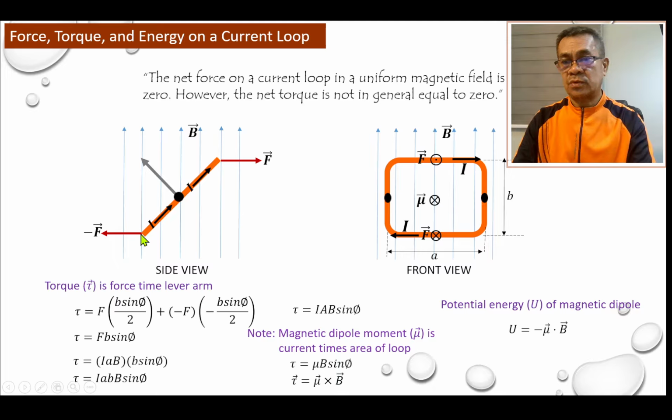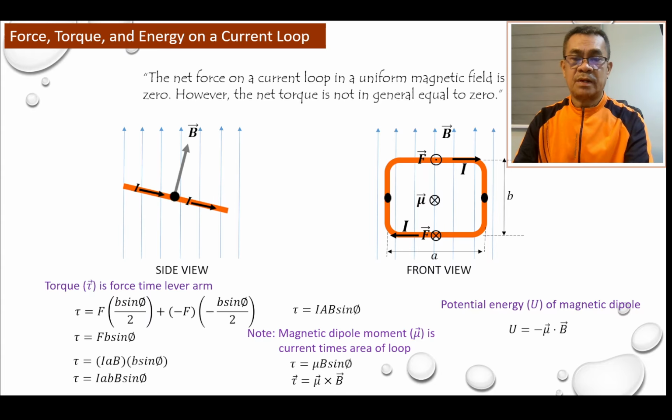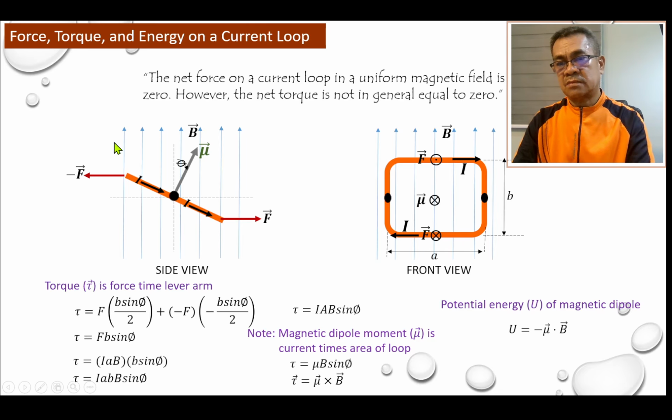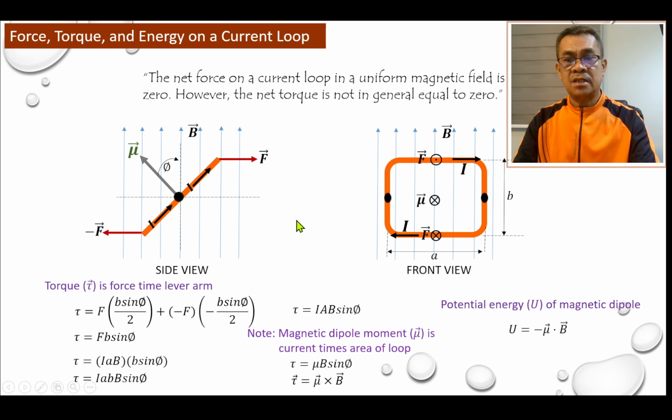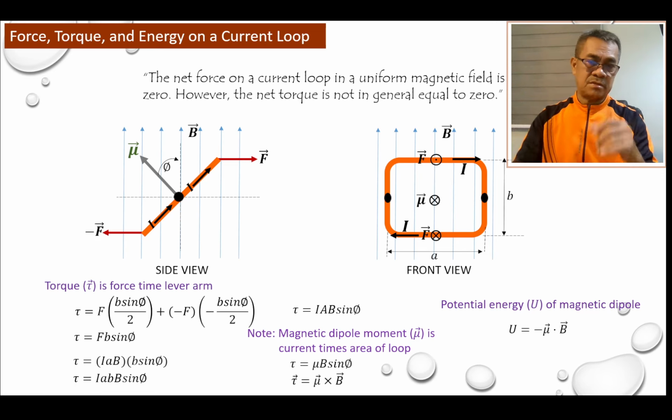So this illustration tells us that if we have this force tending to move towards the right and this one tending to move towards the left, then the system will rotate in that direction. In this position, this force will pull in this direction and the other force in the opposite direction, which provides rotation.